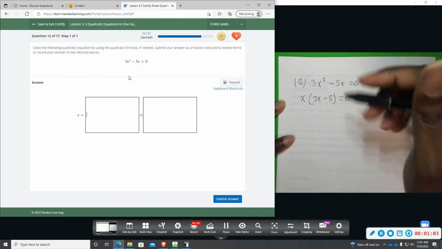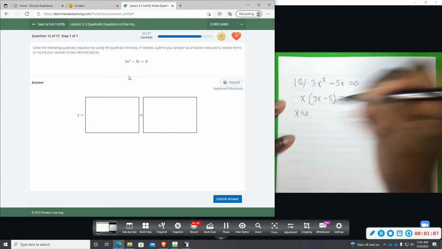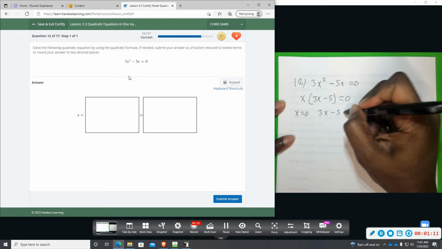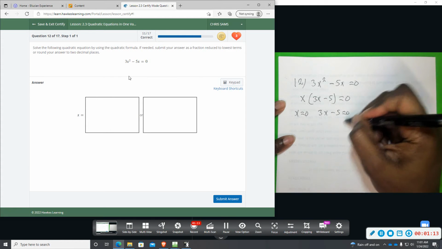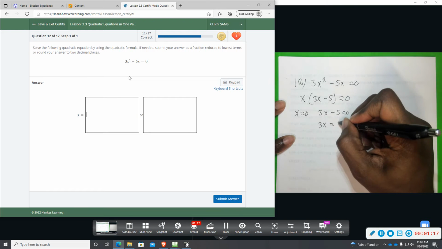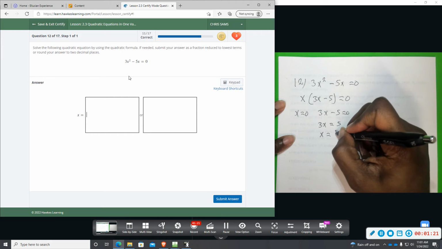Then you set both of those equal to 0, so x equals 0 is one answer, and then 3x minus 5 equals 0. Add 5, so you get 3x equals 5, and then divide by 3, so you get x equals 5 divided by 3.